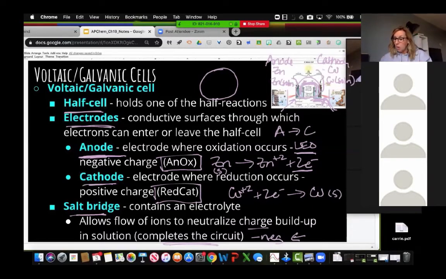So they go in the same direction as the electrons to complete the circuit. And then the positive ions in the salt bridge go in the opposite direction to balance it out. So in the salt bridge, the negative and positive ions are always going in the opposite direction. And if you follow the electrons around, then the negative ions are going to go in that same direction.